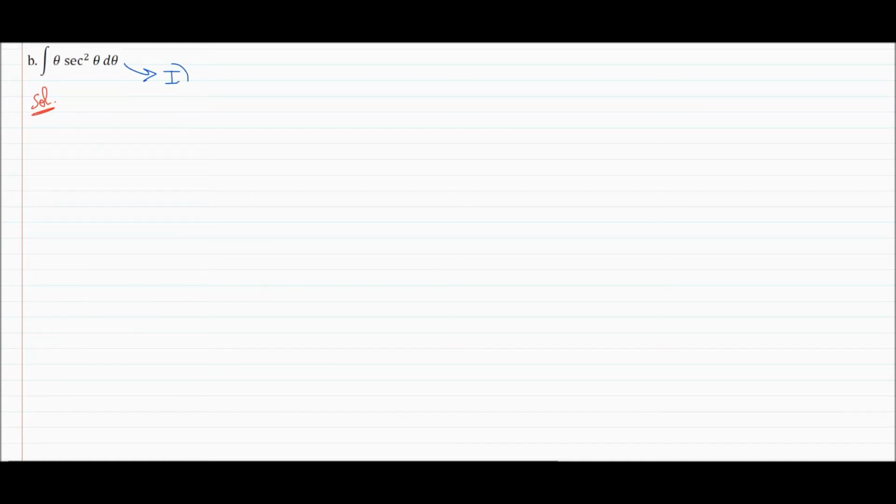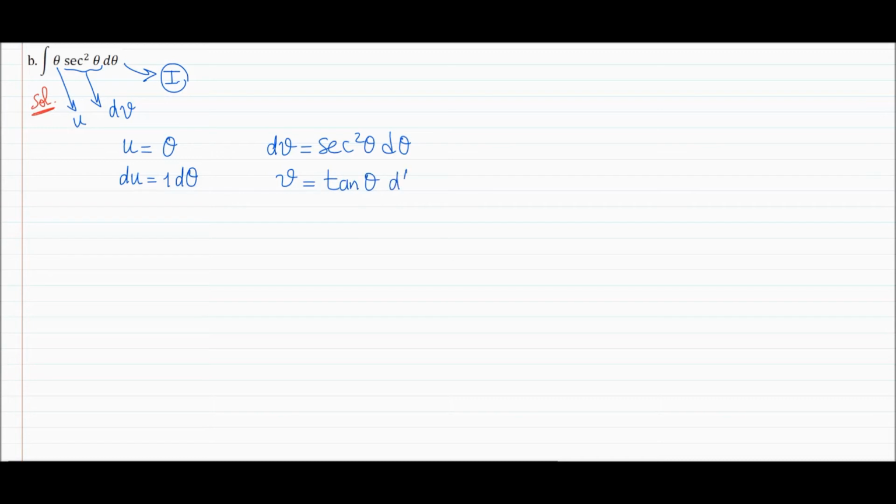Why? Since you can differentiate this function, I have to use it as u, and since you can integrate this function, I have to select this as dv. So now here u will be theta, and dv will be sec squared theta d theta. The derivative of theta will be 1 d theta for sure, and the integration of sec squared will be tan theta.